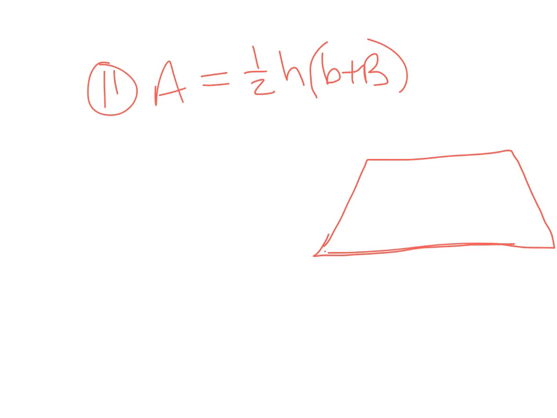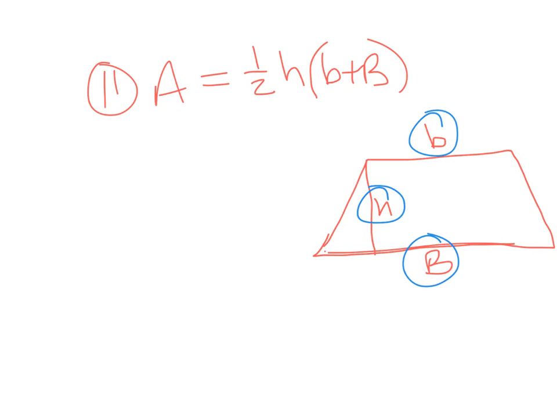This is the height. So this is H. The little b is your small length, and the big B is your big length. So they're 2 separate variables. So you're doing 1/2 of H, and then you add these two together.